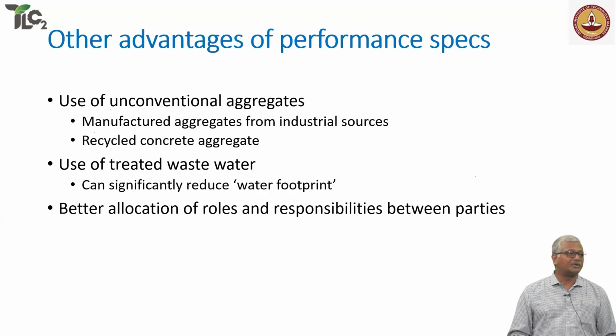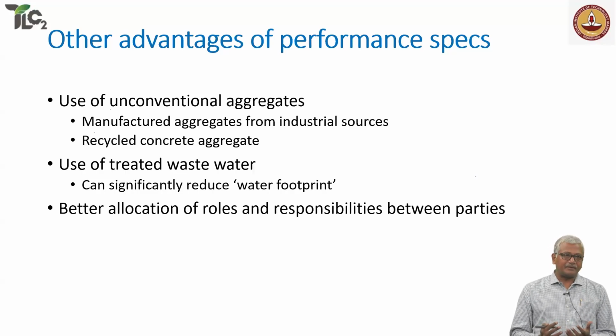Already people don't have water to drink. If you insist that they have to use drinking water for concrete, where will people go for drinking water? So it's important that we also look at reducing the usage of high quality water for construction. Of course, that doesn't mean we go and use chloride contaminated water. We all know what happens because of that, right?